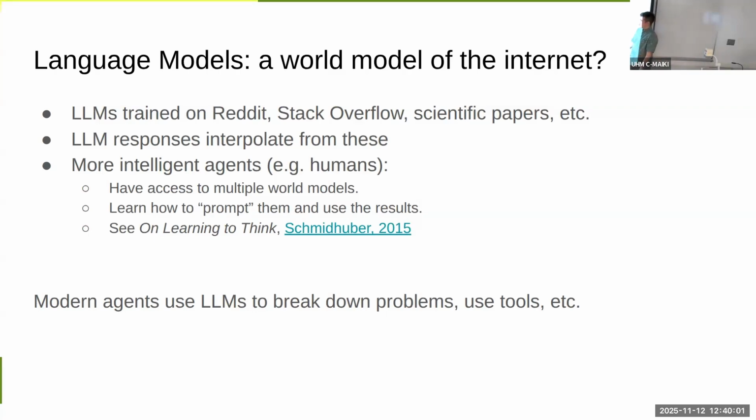And you learn this collection of world models, you learn how to prompt them and use the results in your thinking. So if I want to know how my actions will affect my friends, I can run these simulations in my head. If I give them a gift, will they be happy? Will they like this gift? That sort of thing.